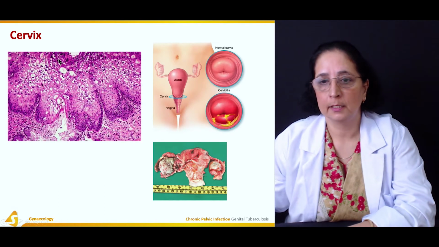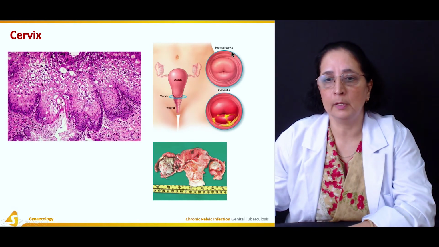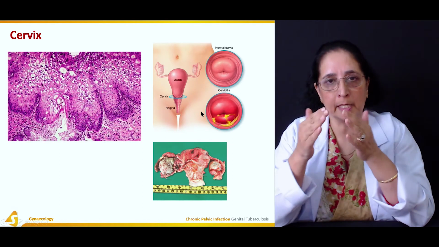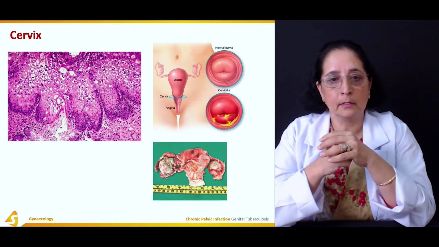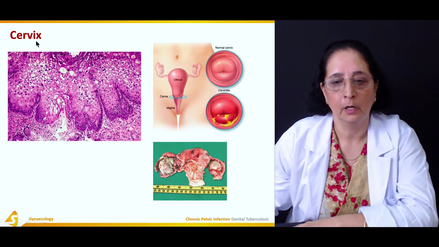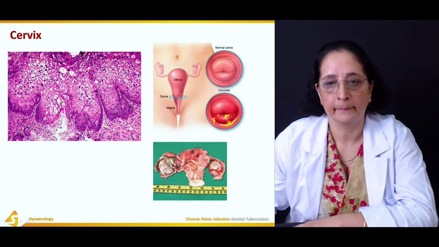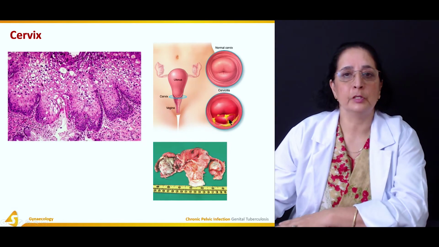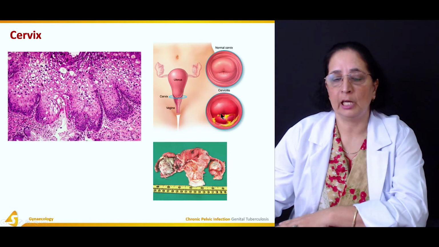Then the cervix. This is the normal cervix. Cervix is the lower portion of the uterus that enters into the vagina. This is the histological picture of the changes in the cervix during chronic infections, during tubercular infections. This is the normal cervix. This is if there is any infection present. You can see this yellowish pussy discharge coming from the cervix.